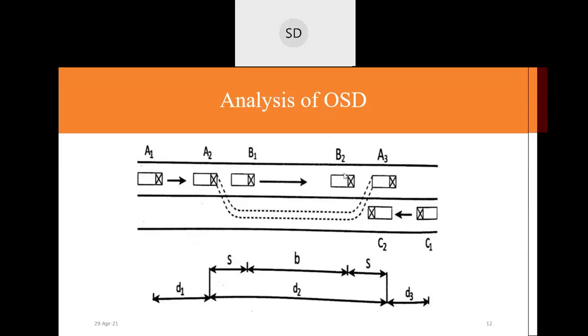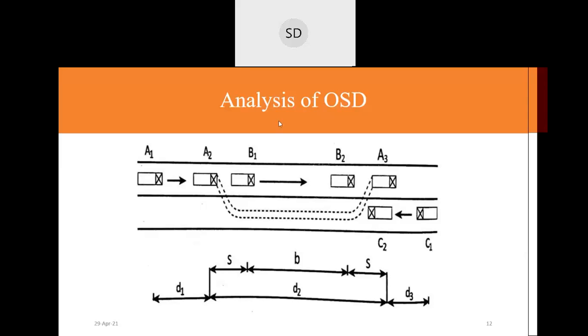Now, for the total analysis, initially vehicle A is moving with a higher speed, suppose the design speed, VA meter per second.